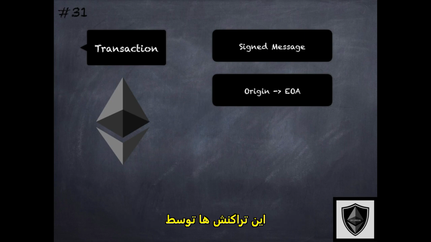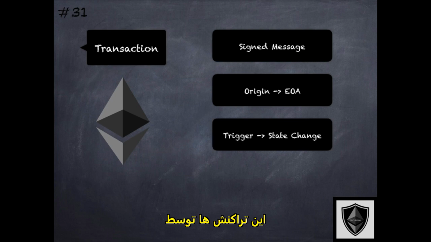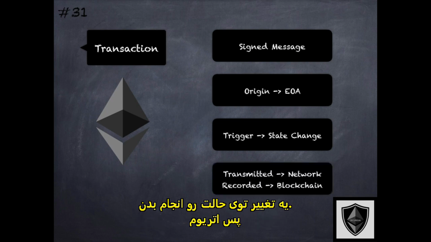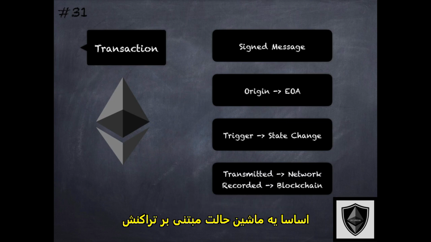These transactions are transmitted by the Ethereum network, and they trigger state change on the blockchain, and it's only transactions that can trigger a change of state. So Ethereum is fundamentally a transaction-based state machine.